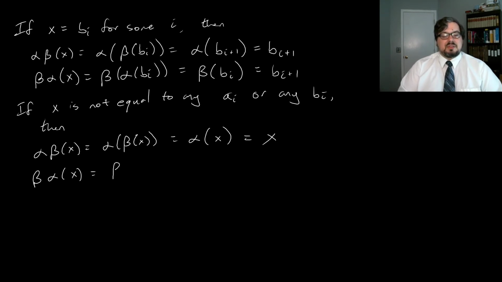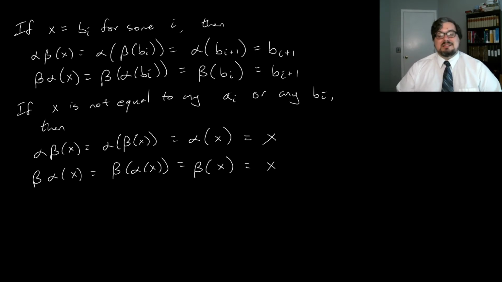But of course, something almost identical happens when we take the other direction. So alpha of x is just x because x is not an a_i. Beta of x is just x because x is not a b_i. So what we get is that alpha beta of x is again equal to beta alpha of x. And now we've considered all our possibilities. So x is either equal to an a_i, equal to a b_i, or equal to none of the a_i's or b_i's, and we've handled all those cases.